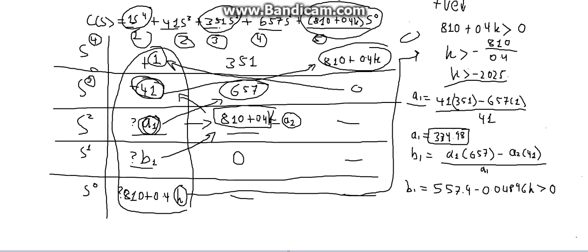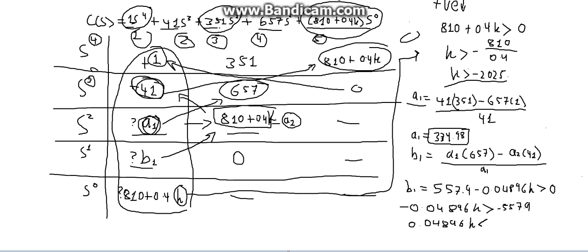Manipulating this mathematically, we then get negative 0.04896k is greater than negative 557.9. Remember, in the laws of limits, to switch these signs and remove the negatives, you have to inverse your limit sign.